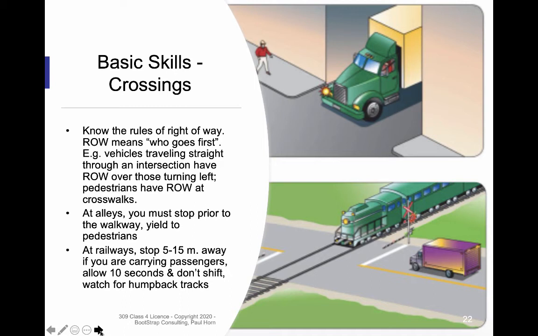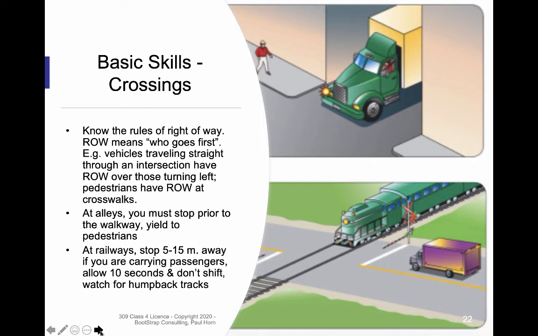What it means is thinking about the size of your vehicle and the power of your vehicle. Make sure that you're going to have a full 10 seconds to get across that road before anything that's coming towards you might come at an uncontrolled track. And of course, it should go without saying that we never drive around or try to get under the crossing arm before it goes down.